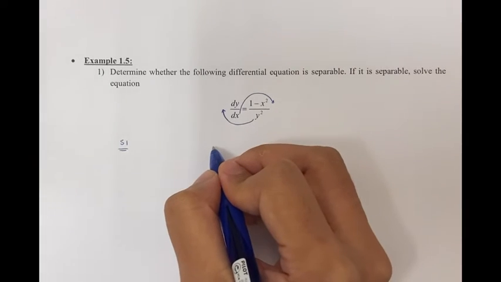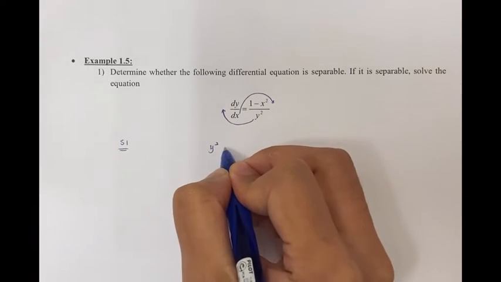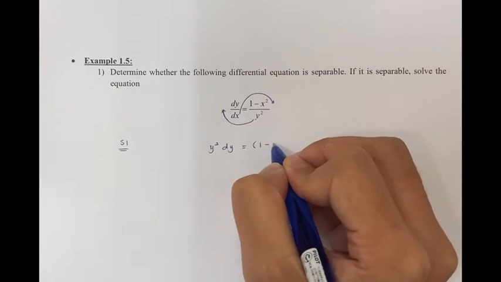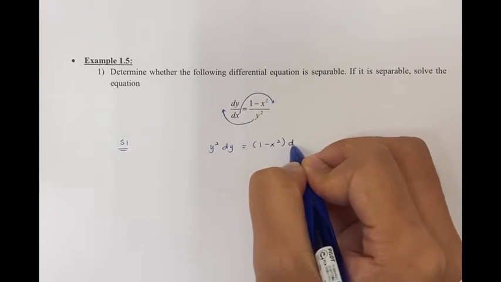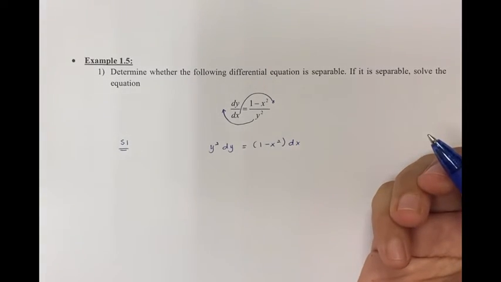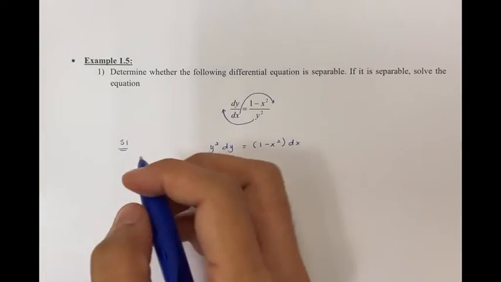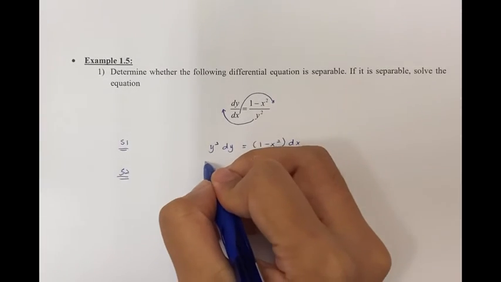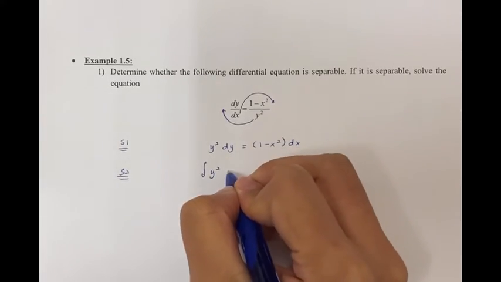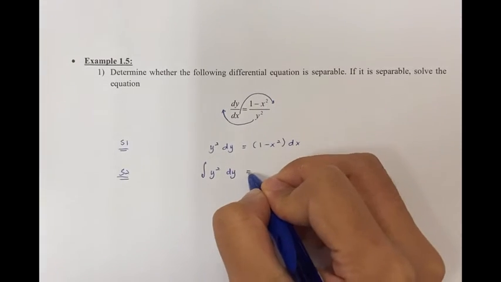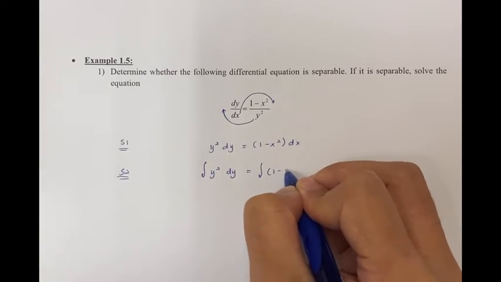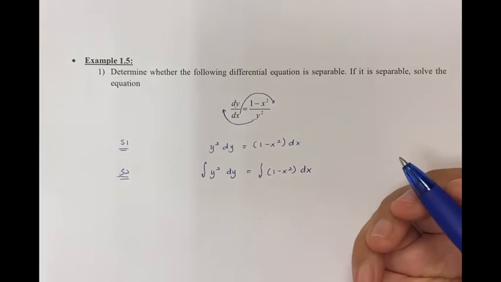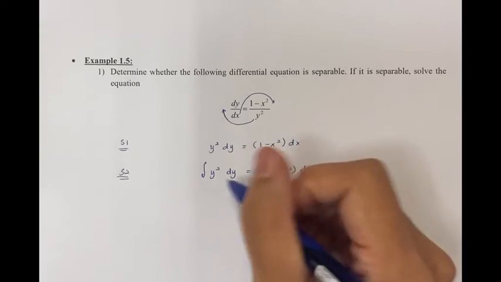So you have y squared dy equal to (1 minus x squared) dx. Okay, this is the first step. For the second step, you need to apply the integration. So you have the integral of y squared dy equal to the integral of (1 minus x squared) dx, and you do the integration on both sides.